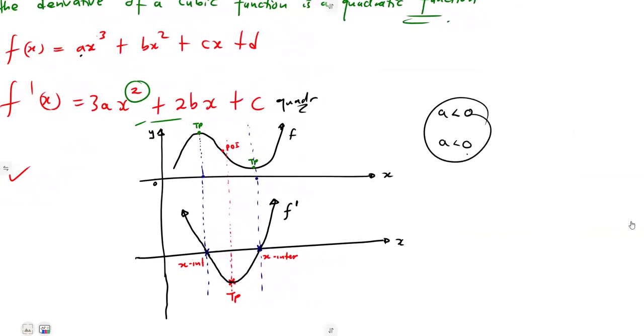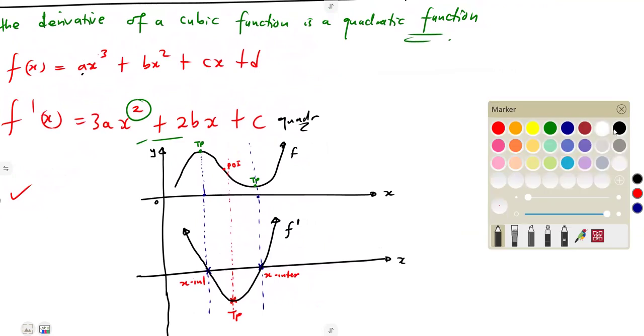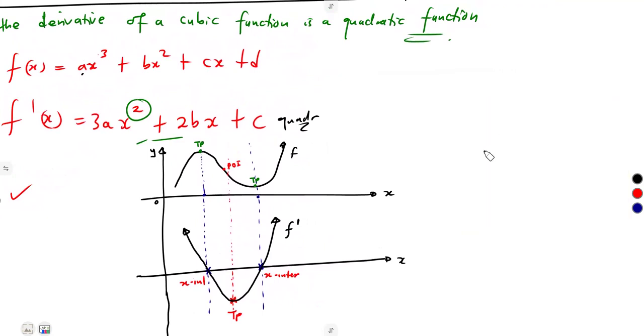So we can conclude that from this information that we are having now, we can put it into consideration that the x-intercepts of what?